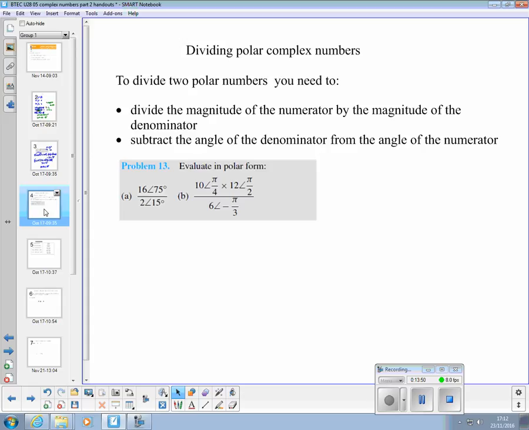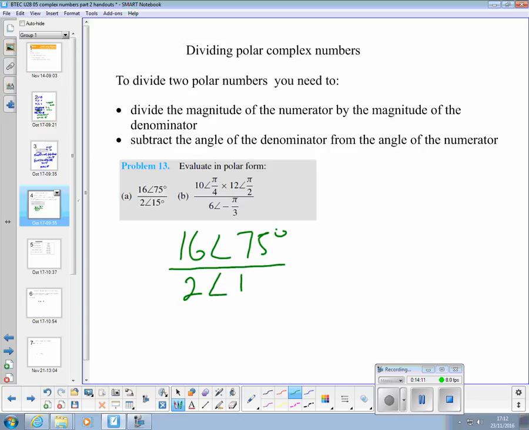Right. So, consequently, listen, gentlemen. Dividing two polar numbers, so 16 angle 75 degrees divided by 2 angle 15 degrees.